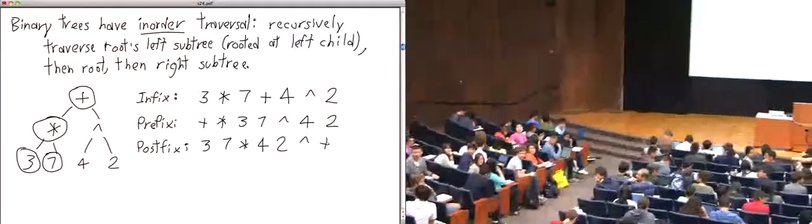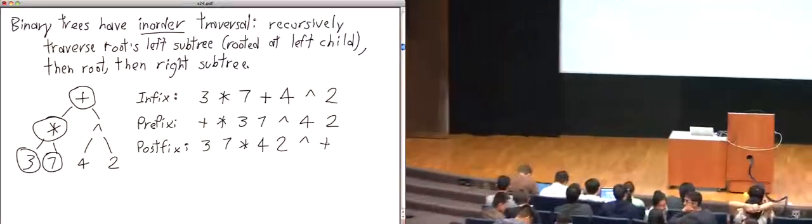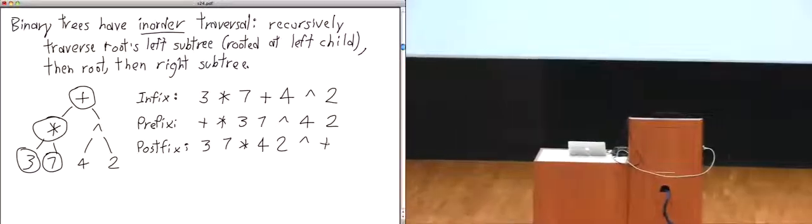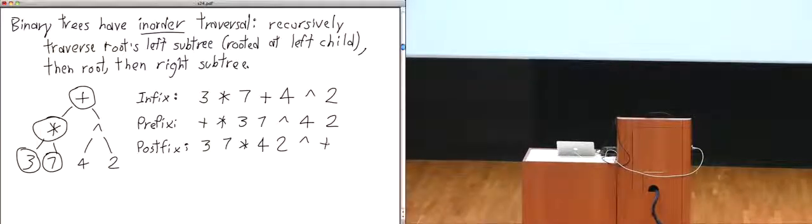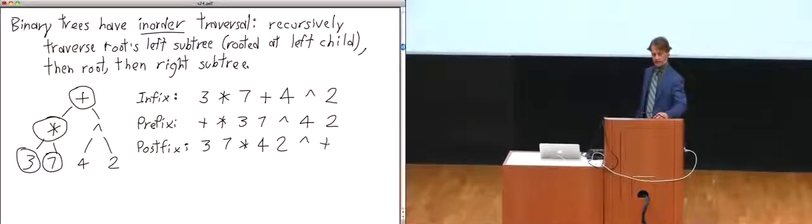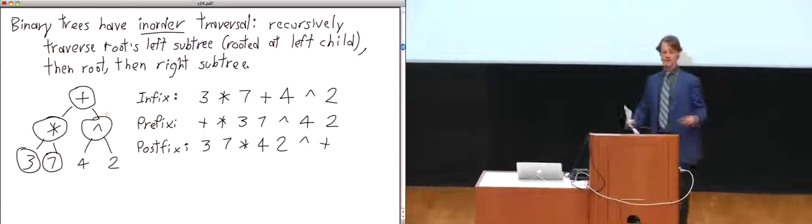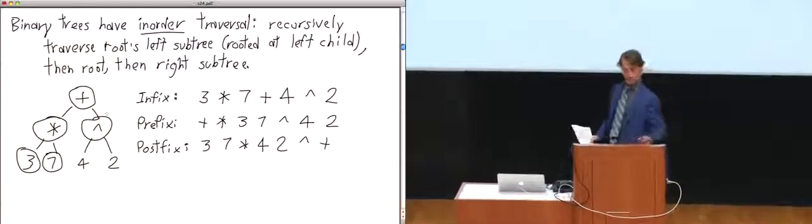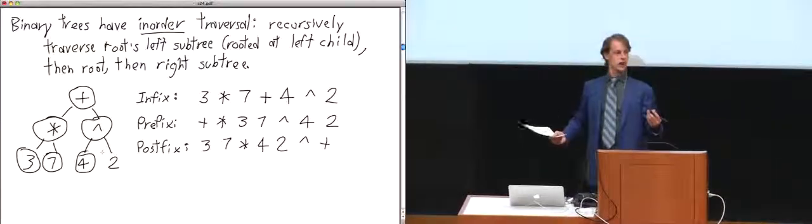Oh. Okay, the question is, for a tree like this, would the numerical values be only in the leaves? And the answer is yes, they would be. So with this kind of expression tree, the internal nodes are always operators, and the leaves are always numbers, basically.